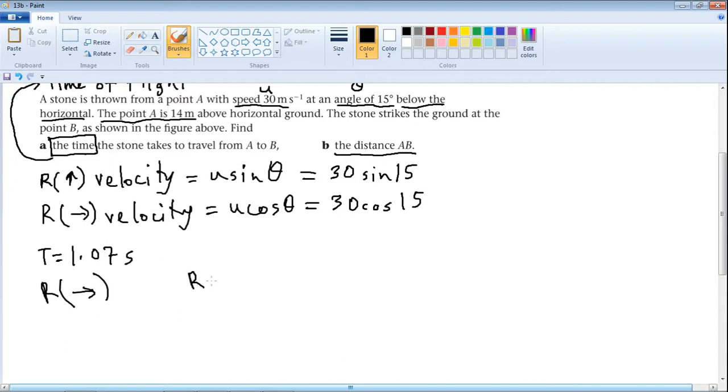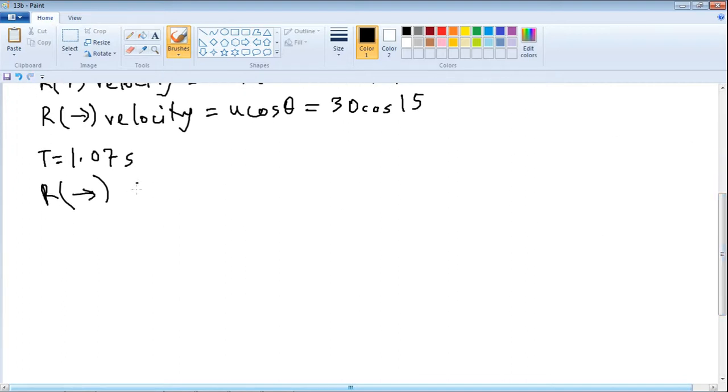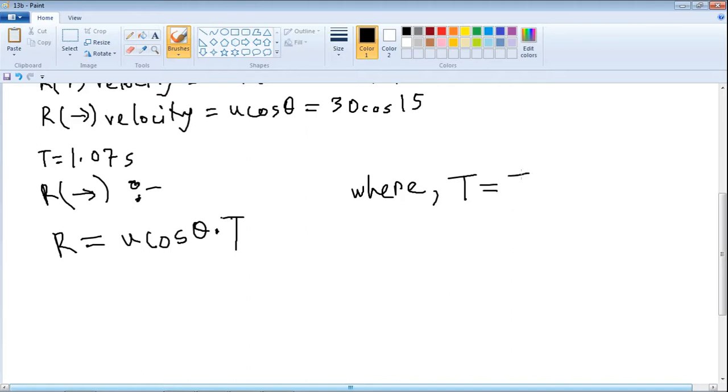R, if we resolve horizontally, is equal to u cos theta times T, where T is the time of flight.